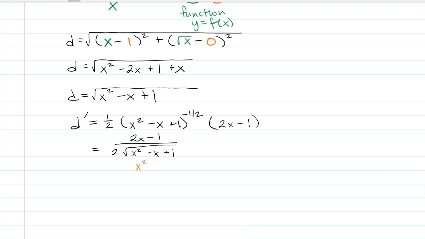Now, since x squared is always greater than or equal to x, the quantity x squared minus x is always going to be greater than or equal to 0. And x squared minus x, plus the 1, is always going to be greater than or equal to 1, meaning our square root is never imaginary.